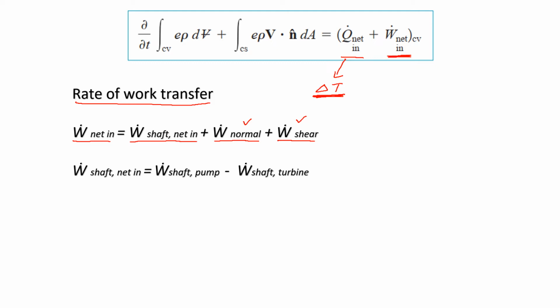We will first discuss this rate of work transfer for the shaft. The work transfer for the shaft is equal to the work done on the shaft, sorry, the work done by the shaft.